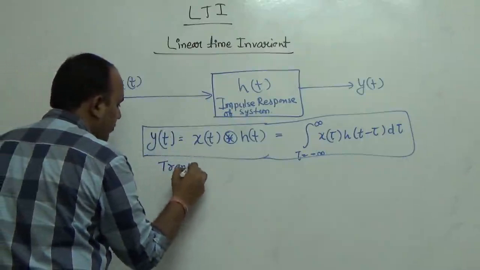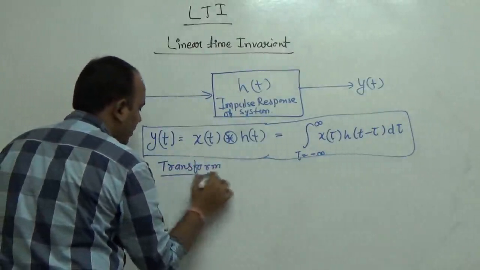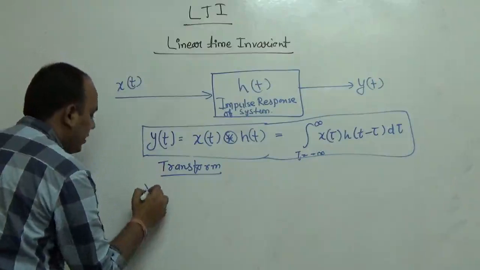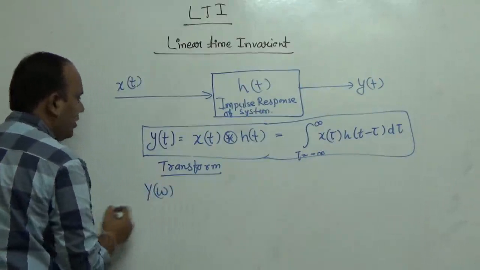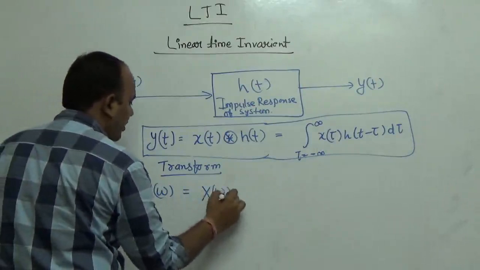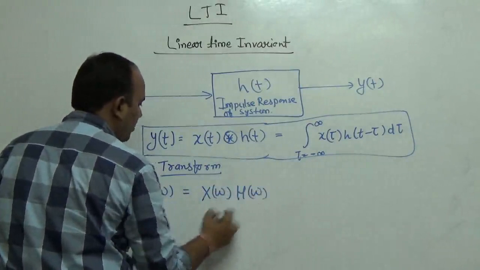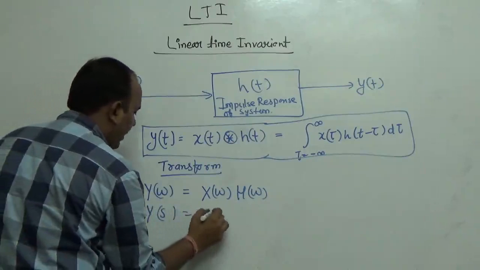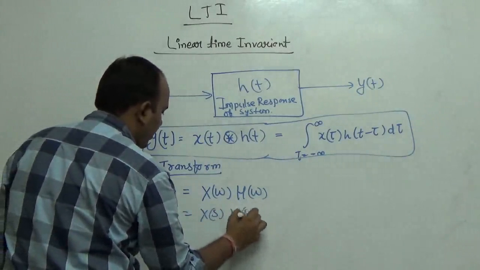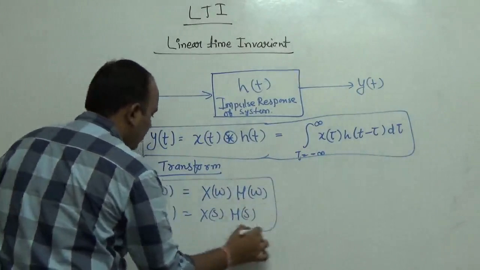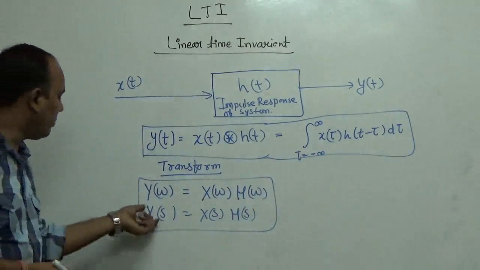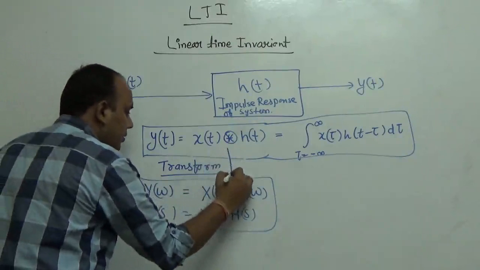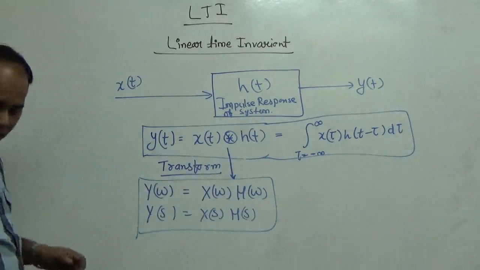If you take the transforms, assume the transforms of y(t), x(t) and h(t) are Y(omega), X(omega), H(omega), the Fourier transforms, and Y(s) is equal to X(s) H(s) for the Laplace transform. This one is the Laplace transform and this one is the Fourier transform. So this is the transform of the convolution.